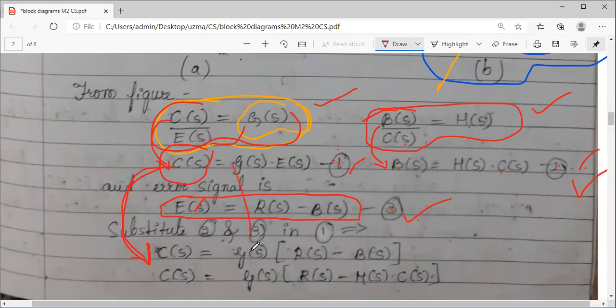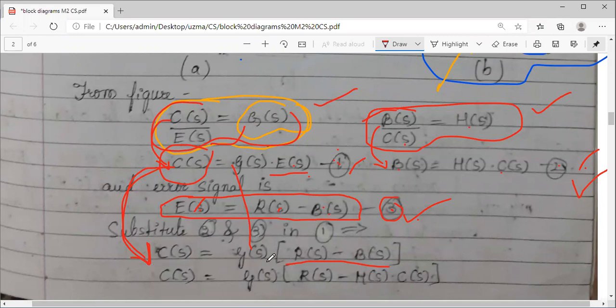C of S is equal to G of S and the error signal. The error signal we have already got in equation 3. So what is the error signal? It is the difference between R and B. So I have substituted that. And somehow, in the RHS we are solving, if we are able to get some input term here, I can take that to the LHS denominator, output by input, and I will get the transfer function.